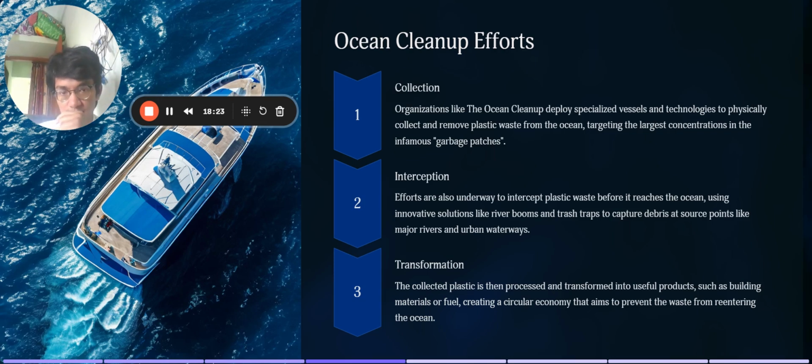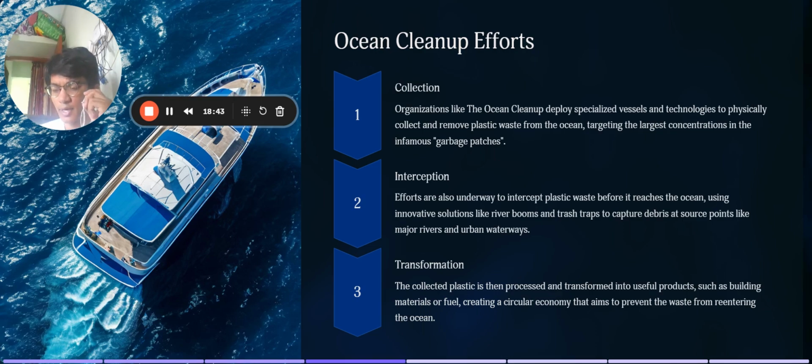And transformations. The collected plastic is then processed and transformed into useful products such as building materials or fuels, creating a circular economy that aims to prevent the waste from entering the ocean.